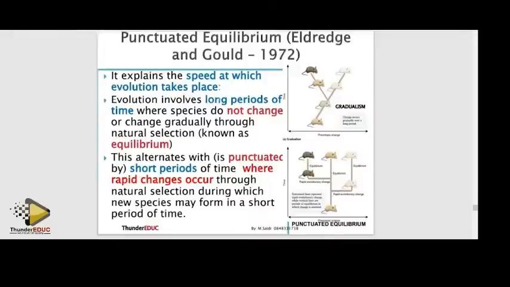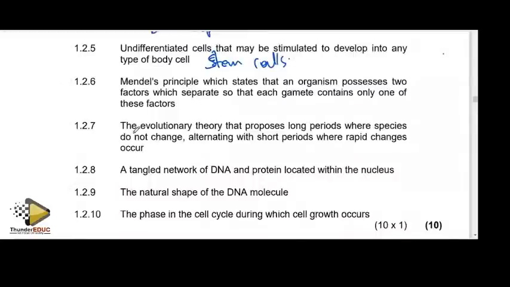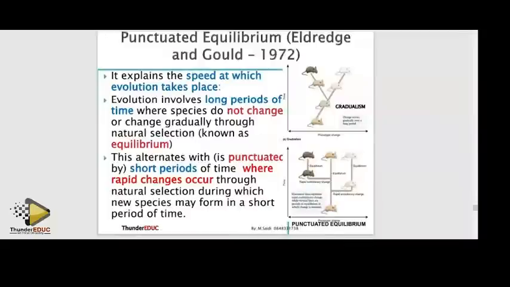So basically, long periods of no change and then short periods of species changing. If we come back to our question, they're saying a theory that proposes long periods of species not changing, alternating with short periods where the species is changing. So basically, that is the answer.